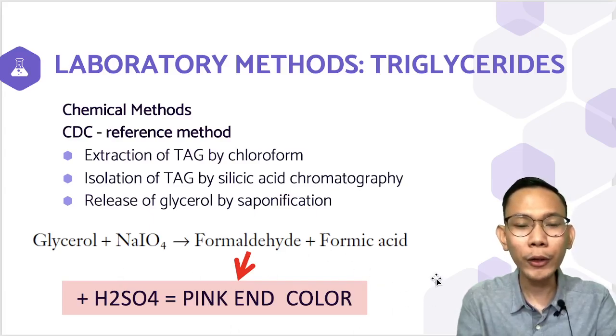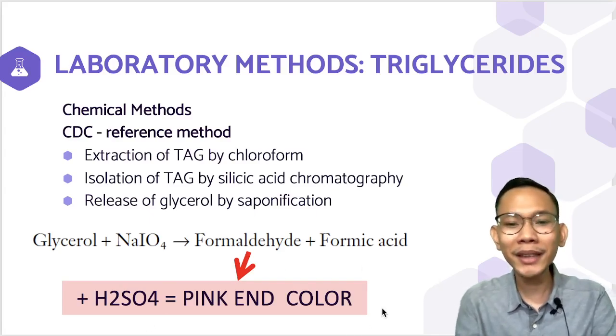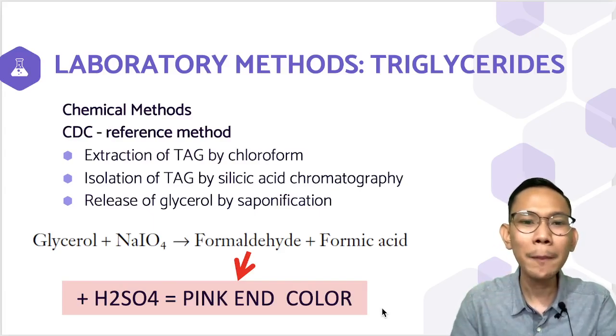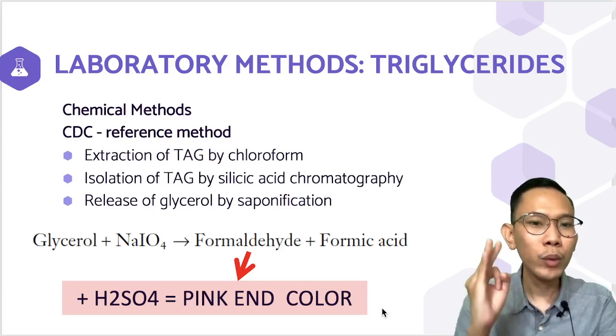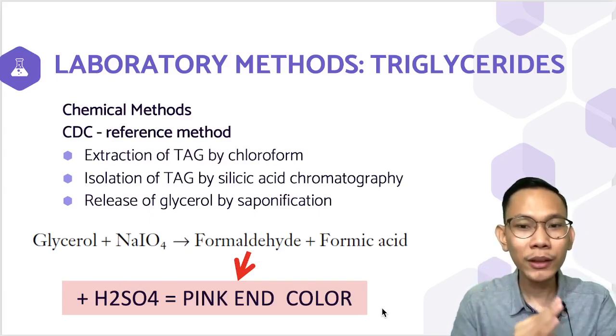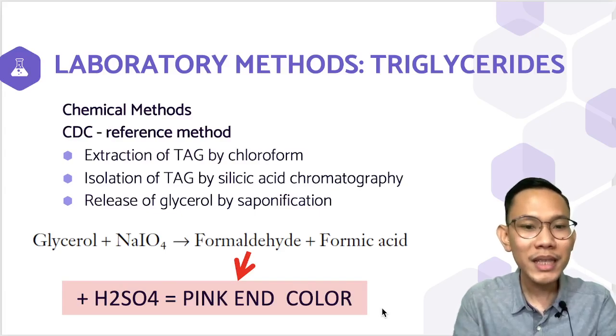So the end product, or the positive result, will be a pink color. Please remember that the most important things in the methods are their names, the principle, and what would be the test result for that. So that's going to be your CDC reference method.